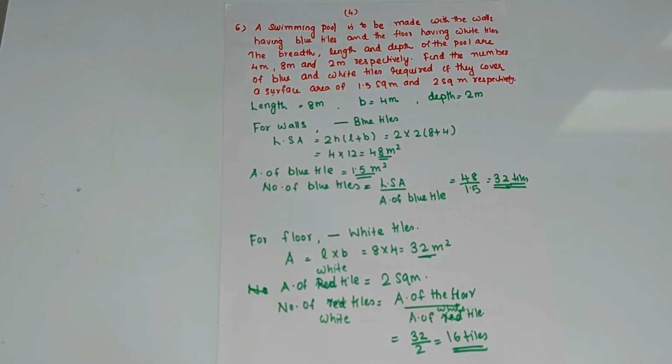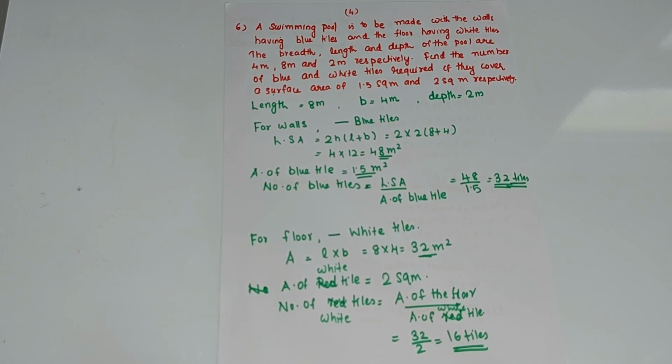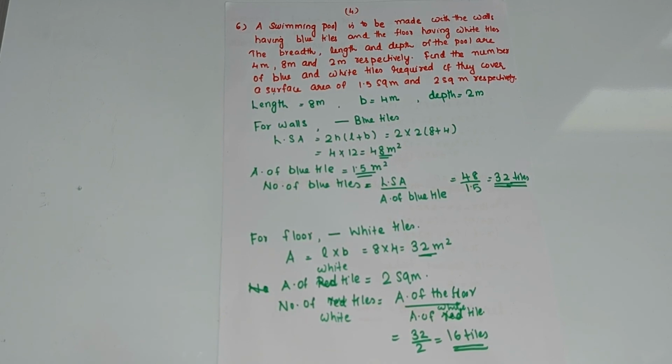And area of the blue tile is given as 1.5 meters square. So to get the number of blue tiles, you have to divide the lateral surface area by area of a blue tile. So 48 by 1.5, we will get 32 tiles. So number of blue tiles to cover the walls of the swimming pool equal to 32 tiles.